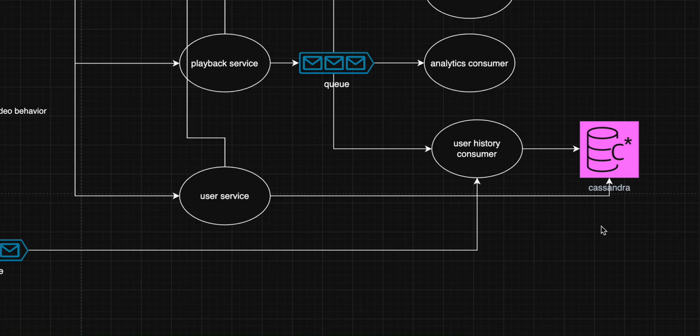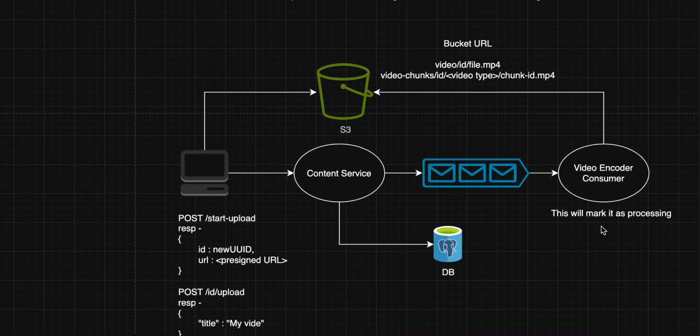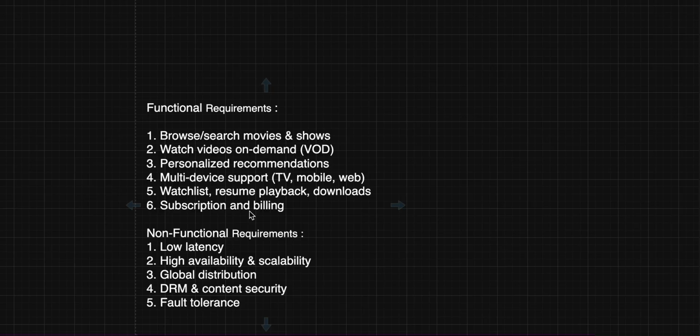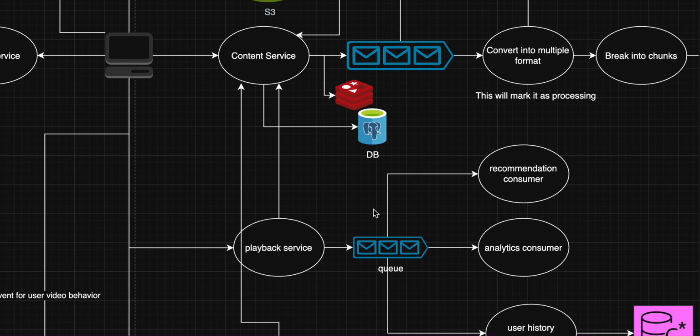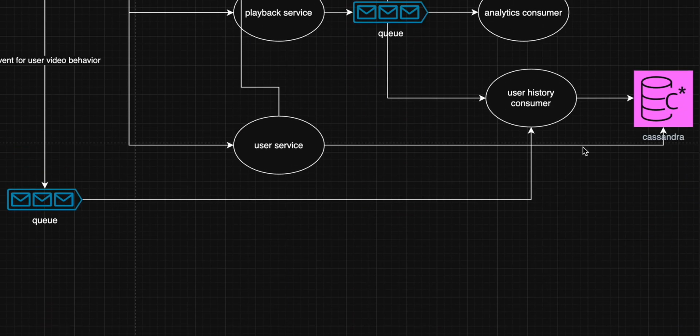Okay, so now our functional requirement was how we will be able to resume playback. These messages are consumed by the user history consumer, so it will know till which chunk the user has seen, and playback will resume from there.